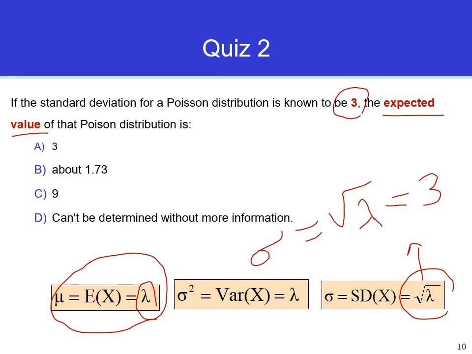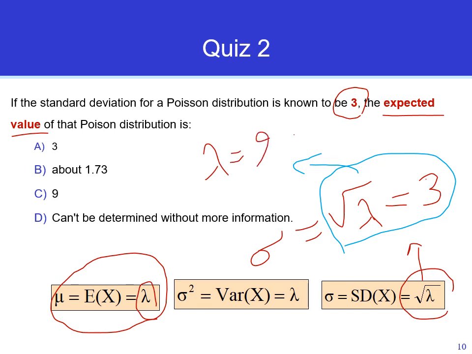If the square root of lambda is 3, this means that if we square each side of the equation, we get lambda equal to 9, right? So the expected value is 9, which is choice C.